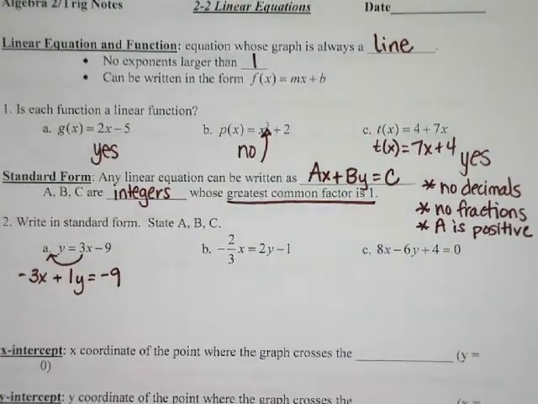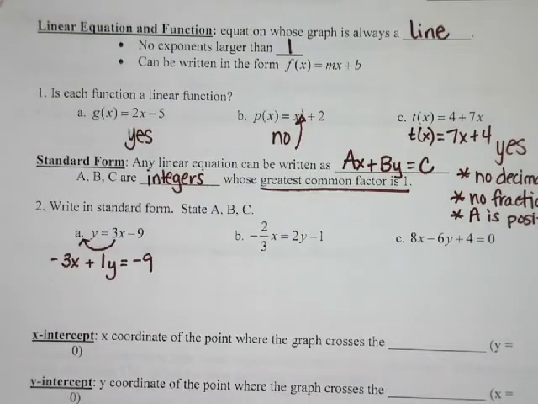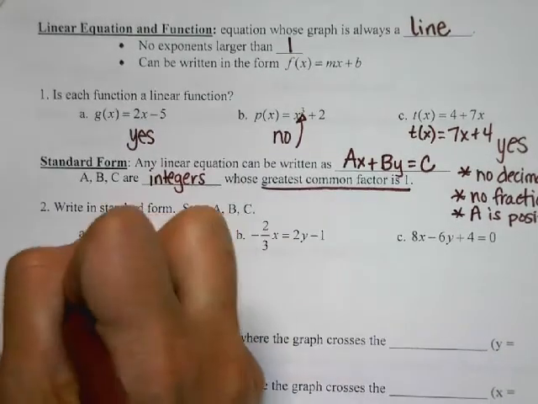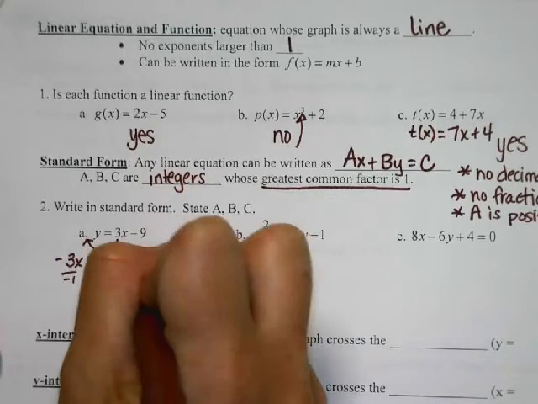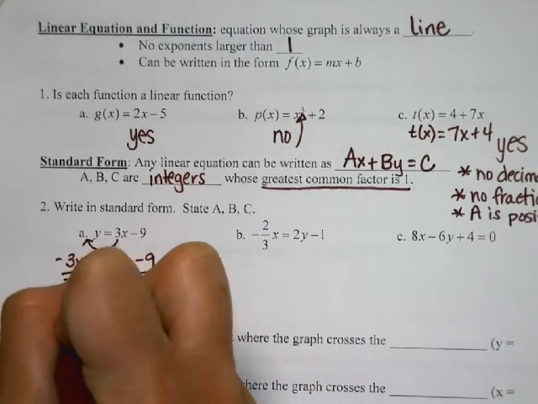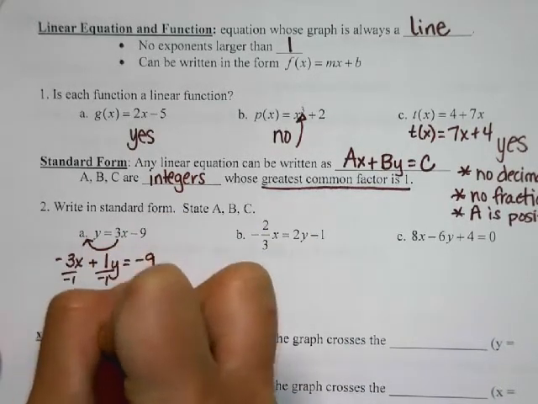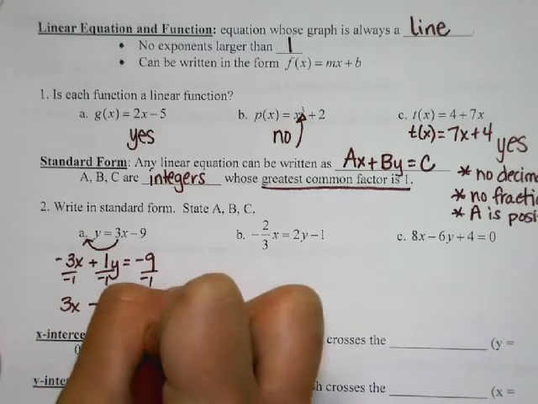Equals negative 9. Now, a is supposed to be positive, right? So how can I make a positive? Yeah, multiply or divide everybody by negative 1, right? So I get 3x minus 1y is equal to a positive 9.